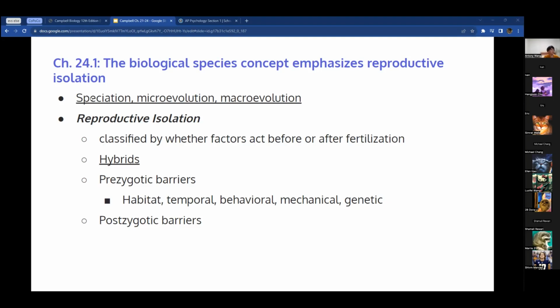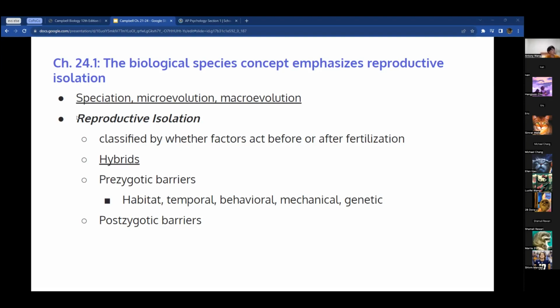Reproductive isolation, classified. There are many reasons why two animals can't mate with each other, right? You can't mate a frog to a deer for many reasons.